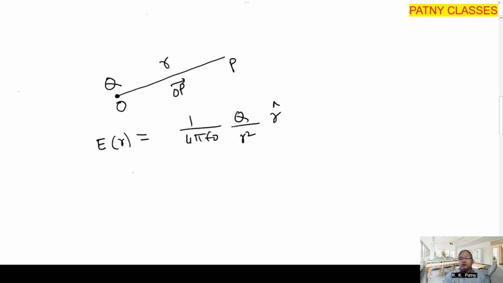This is the basic formula for the electric field produced due to the given charge Q. We shall utilize this formula to obtain the electric field due to the system of charges.